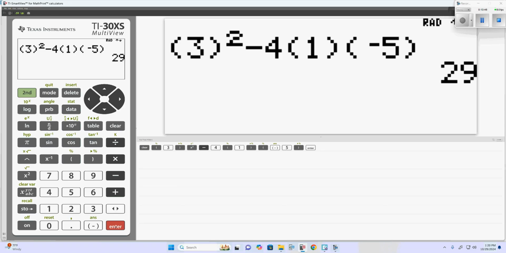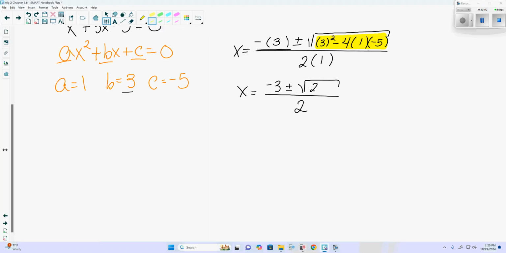Part of the reason we don't type the square root in at this point is on the off chance that what's inside that radical is negative. Because if it had been negative 29 and we typed the whole thing in, the TI-30XS would have told us it was a domain error. It cannot take the square root of a negative. But here we just get the square root of 29.